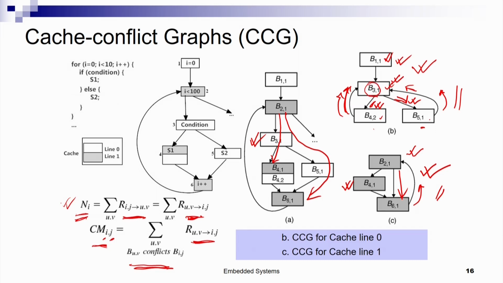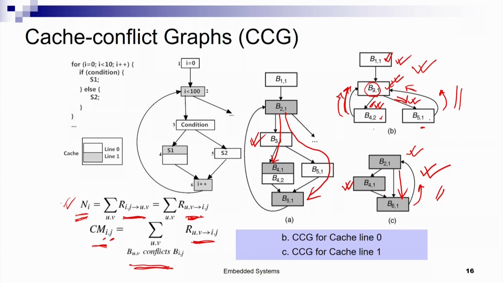So, why do we want to say this? We want to say this because whenever control comes back to B31, if you have no trace of the previous contents of B31, then there will be a lot of cache misses. So, when will that happen? When B42 or B51 replaces the previous contents of B31. Again reiterating, let us say we are considering cache line 0.